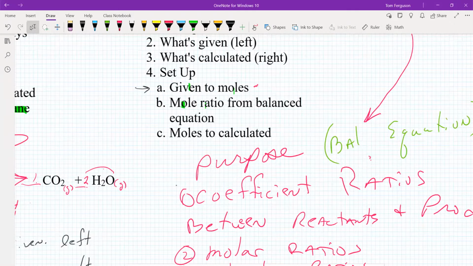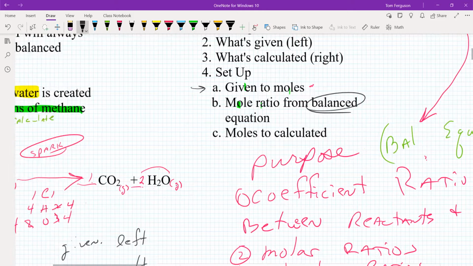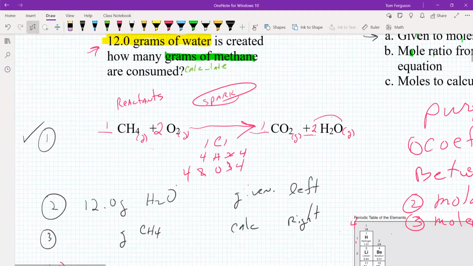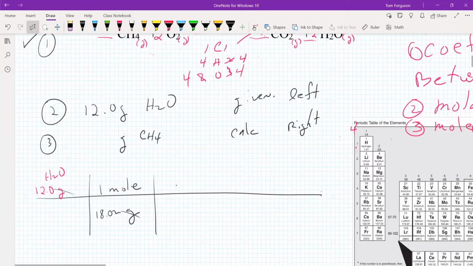Step 1 of the setup. Step 2 is the mole ratio from the balanced equation. The mole ratio from the unbalanced equation is superfluous. It does not work. You have to have a balanced equation first. We're starting with water, and we don't want water to end with, we want methane.